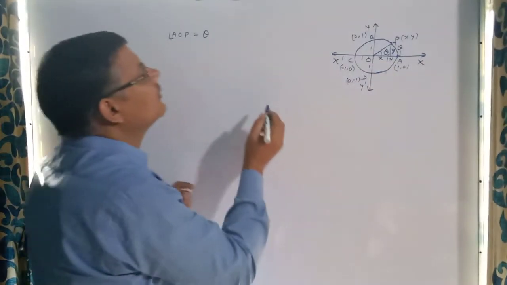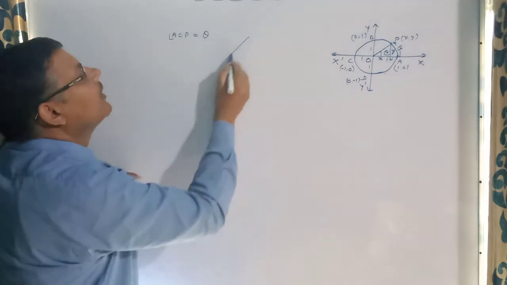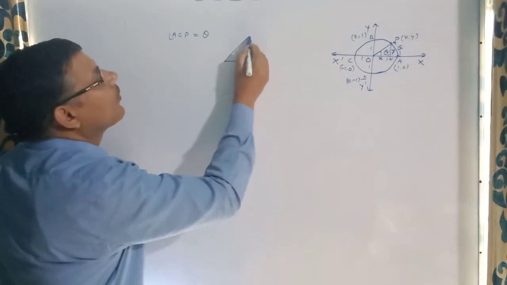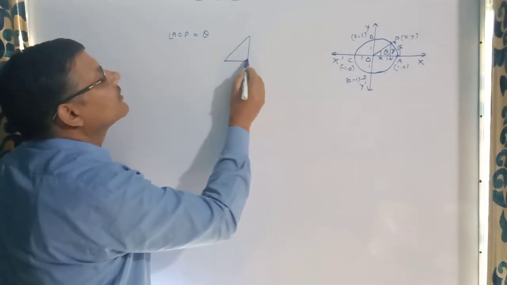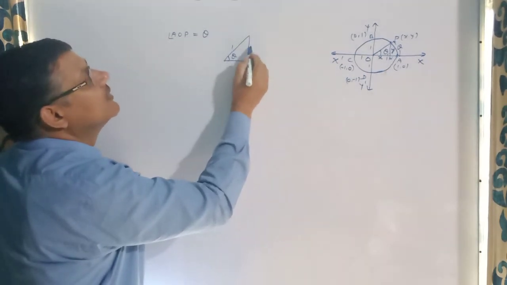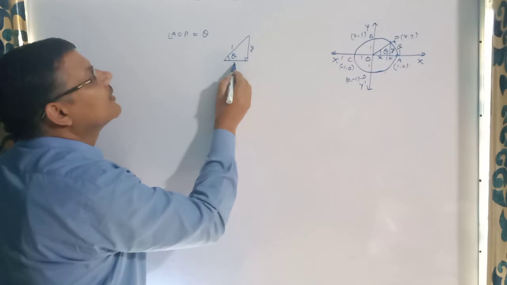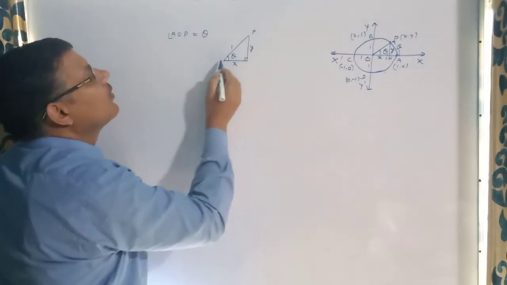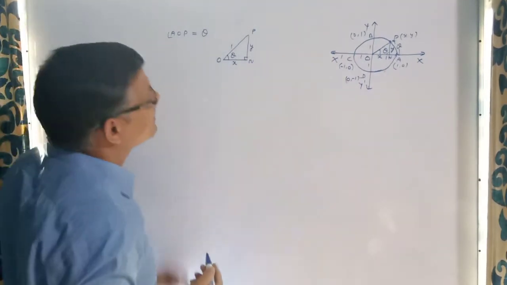From here we get the triangle PON. Here it is 90 degrees, this is theta, this is 1, this is y, and this is x. PON is our triangle.